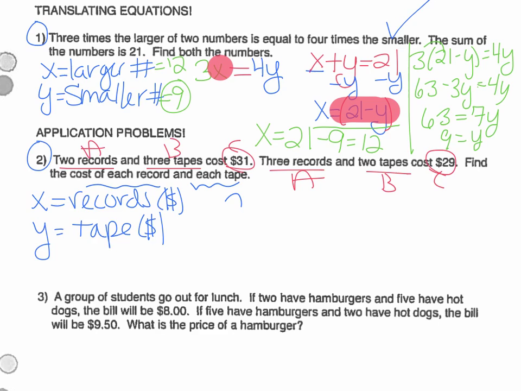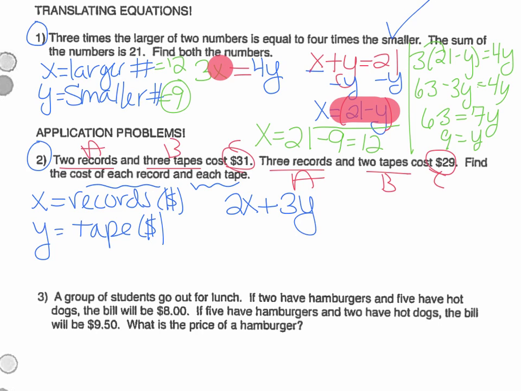So we have 2 records times the cost, that would be 2x. x is the cost of a record, and I'm using 2. Then we have 3 tapes. Well, 3 times the cost of a tape, which is y, is what I need to add on there. So plus 3y. I'm using plus because I'm finding the total, so I need those things to add together.